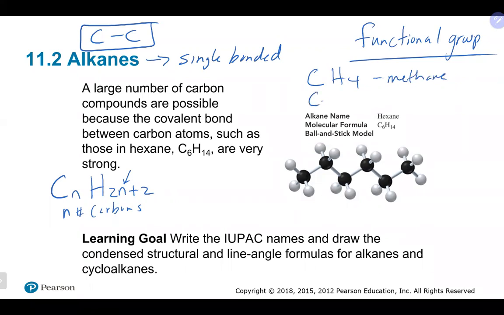If I have 2 carbons, 2 times 2 is 4, plus 2 is 6. That should have 6 hydrogens, and that is what is known as ethane. If I have 3 carbons, 3 times 2 is 6, plus 2 more is 8. That should have 8 hydrogens, and that is what is known as propane.